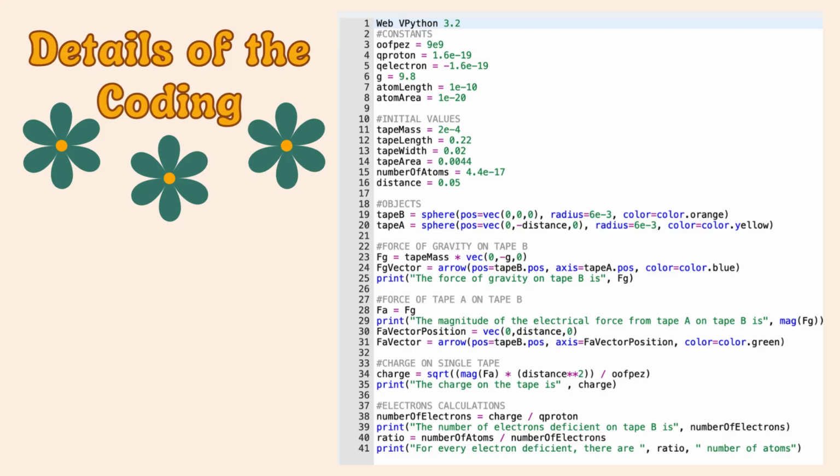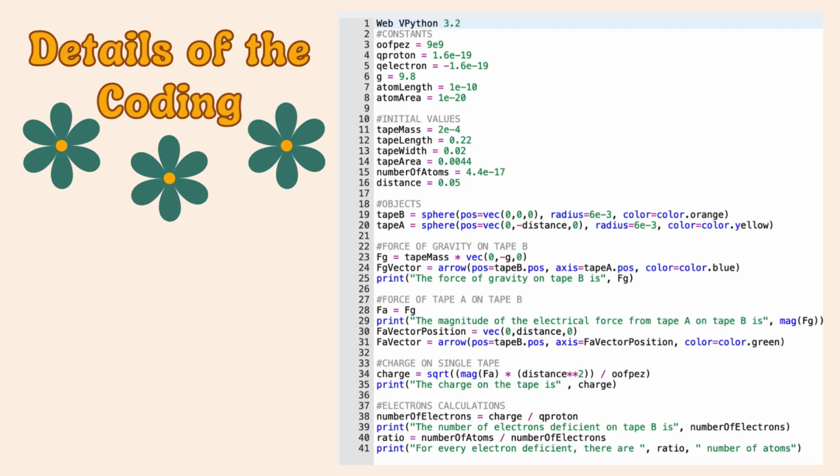In terms of the coding in this experiment, what I simply did was I plugged in my constant values. I also plugged in my initial values I found in the experiment, and I created two objects. I created tape B and I created tape A. And then I created a vector for the force of gravity that was acting on tape B, and then I also created a vector for the force of tape A, which was the electric force from tape A acting on tape B, and I equilibrated these together.